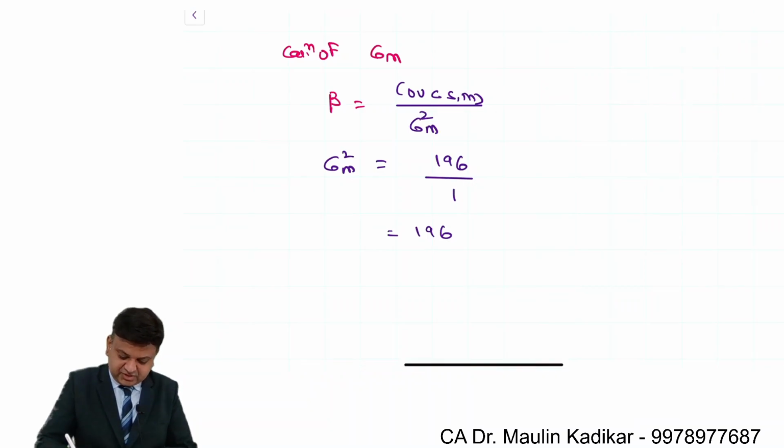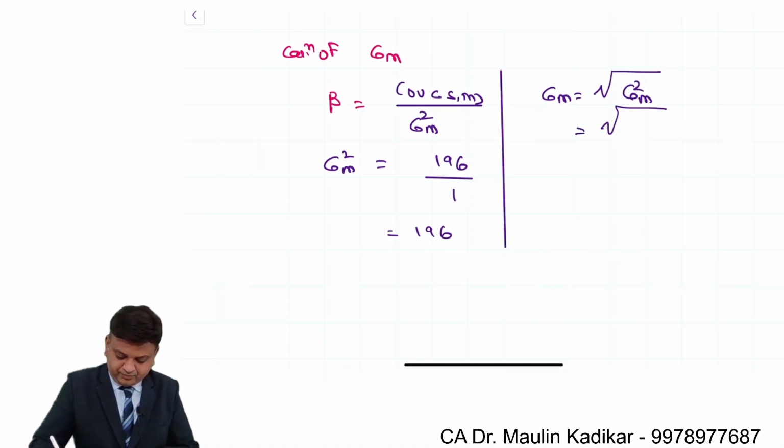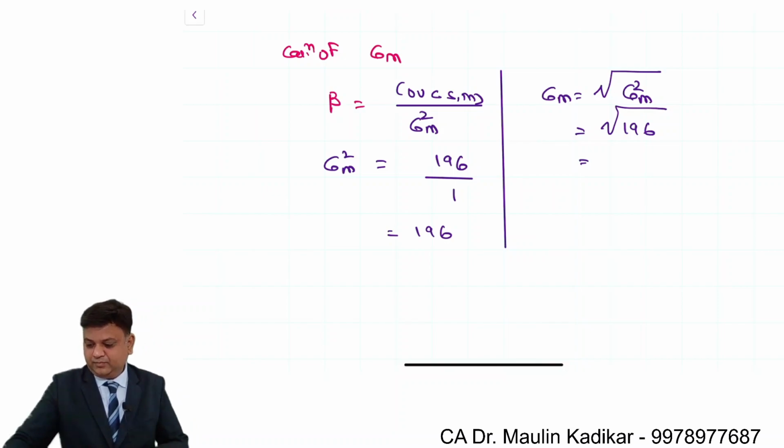Once you compute the variance, afterwards standard deviation is the square root of the variance. So it is the square root of 196.